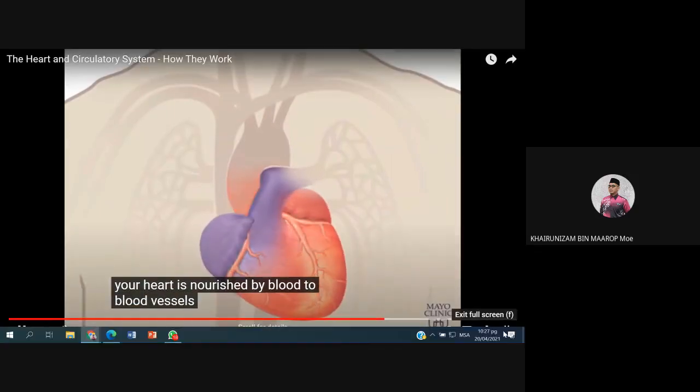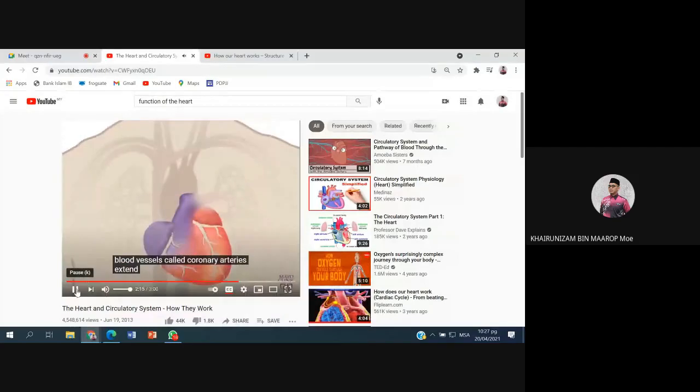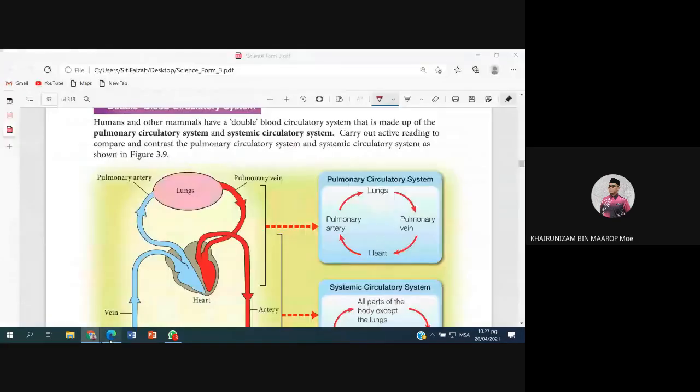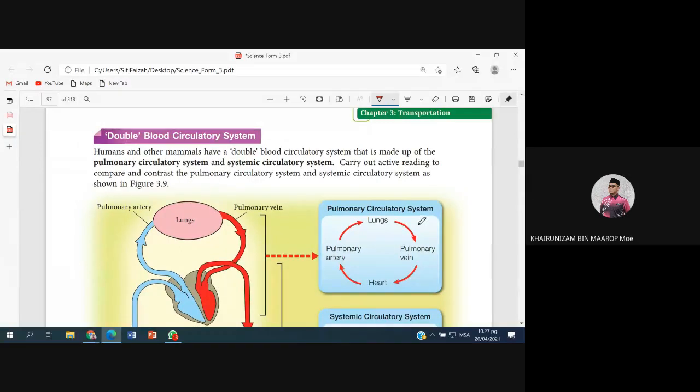Okay, that is some information about the function of the heart pumping blood to our body parts. So here we want to learn about the double blood circulatory system. So humans and other mammals have a double blood circulatory system.